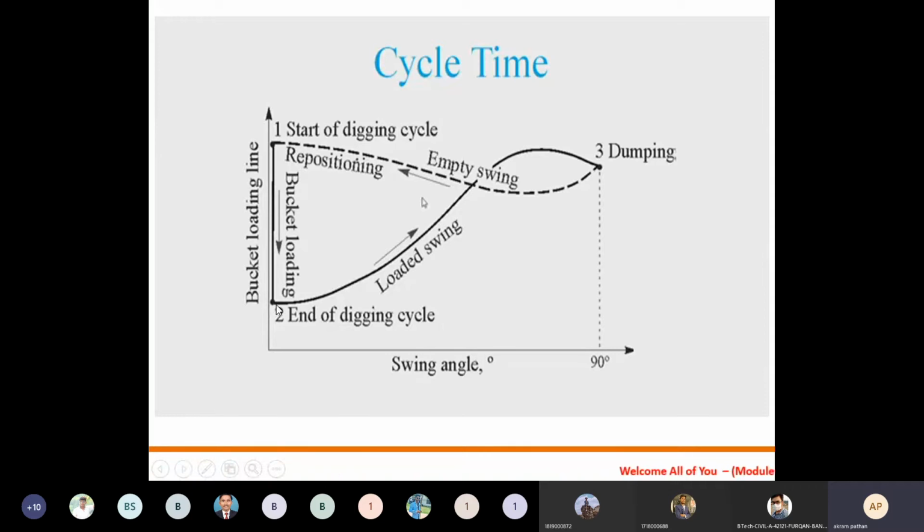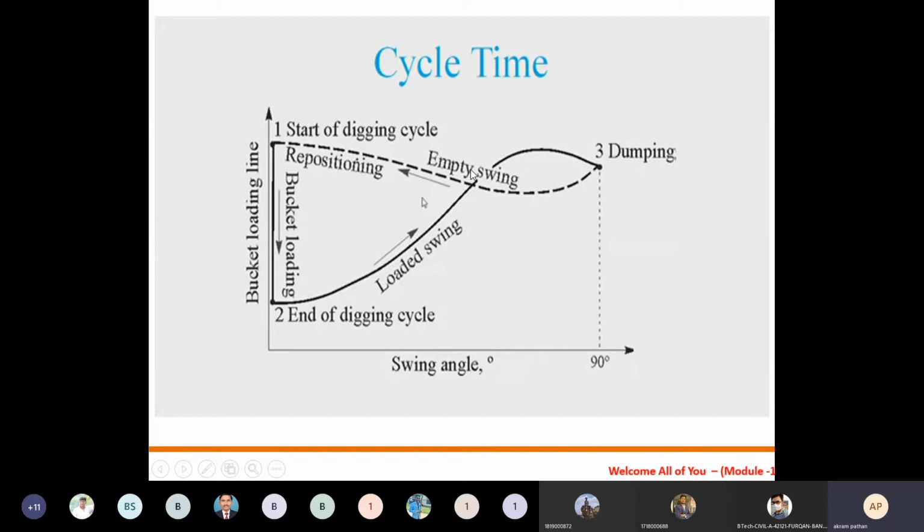Then after digging, we have to lift that particular material and dump it inside the truck or dumper or any place. So we require certain time. After dumping that material into the truck or dumper or any place, the empty bucket again returns to its original position, which is known as its starting point.